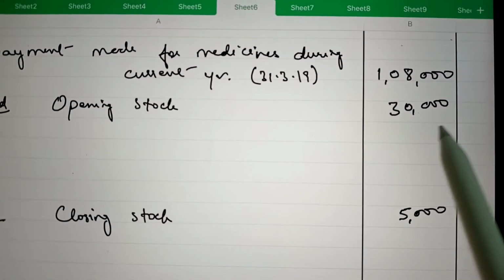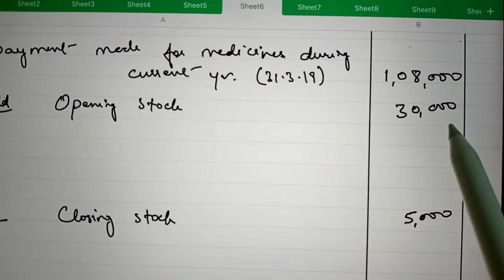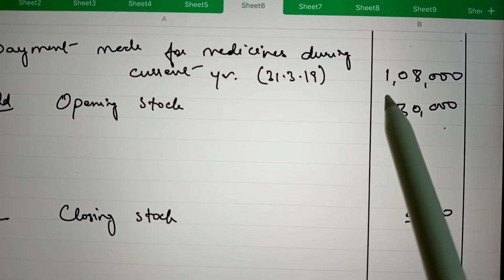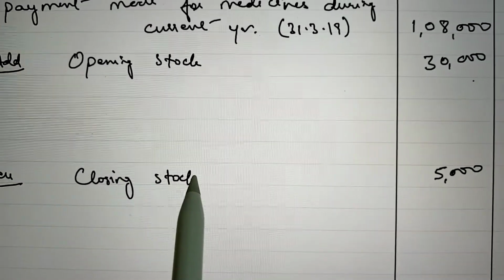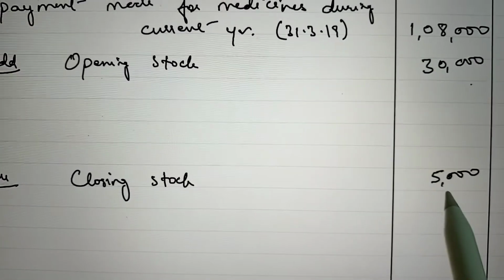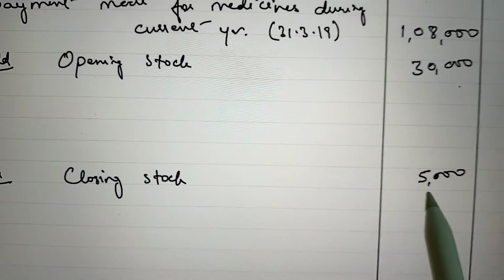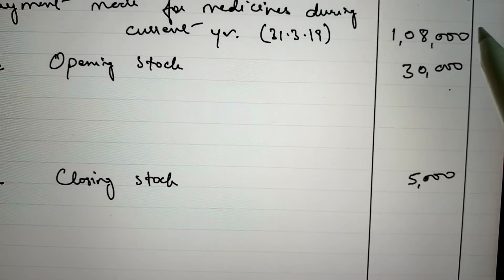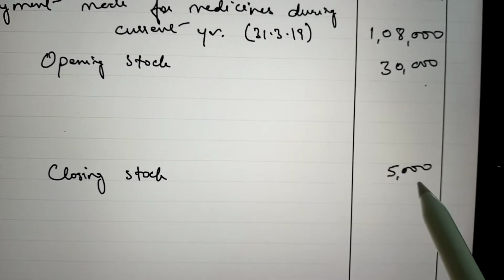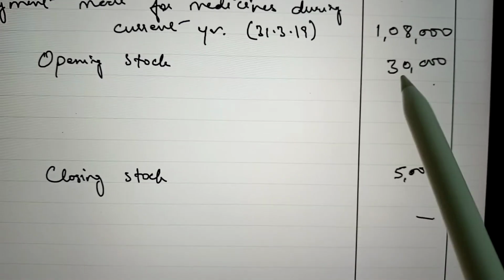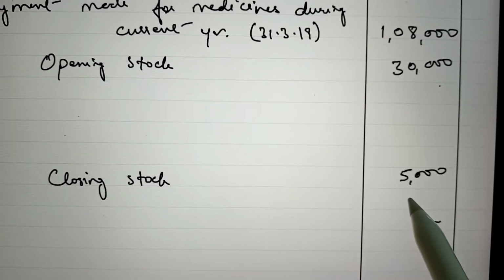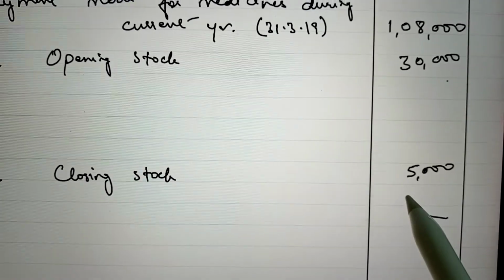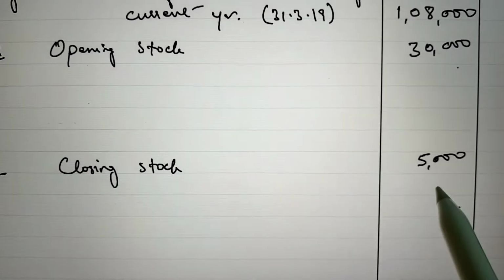So the total amount of medicines with the trust was 1,38,000, and at the last, the closing stock on the last date, 5,000, is the remaining stock with the trust. So it means that the trust had consumed the remaining balance, that is 1,38,000 minus 5,000 is equal to 1,33,000, and this material is consumed by this trust. That is why the closing stock remains 5,000.